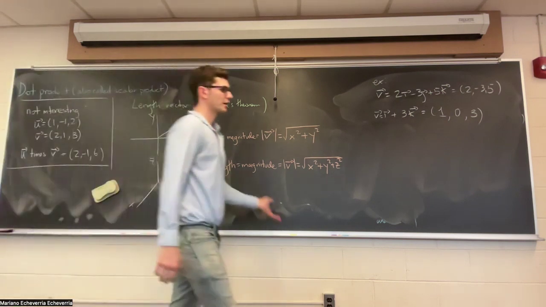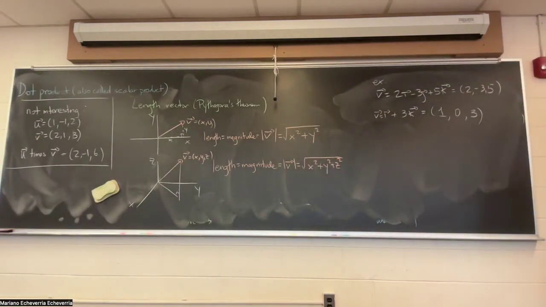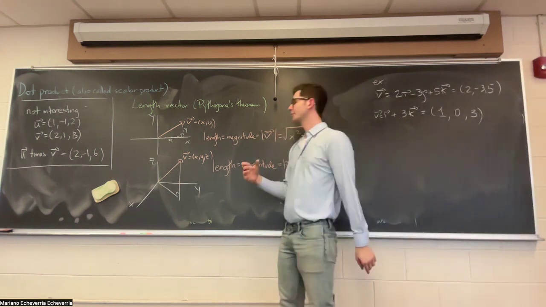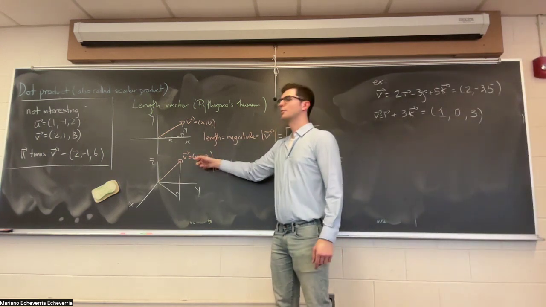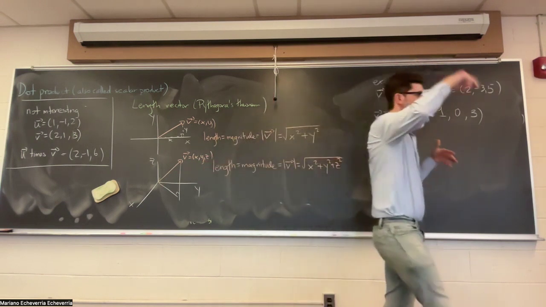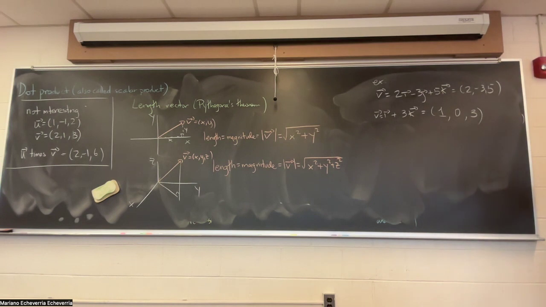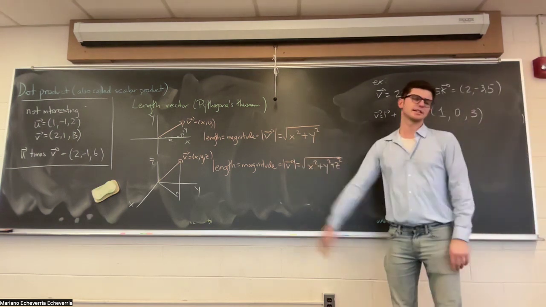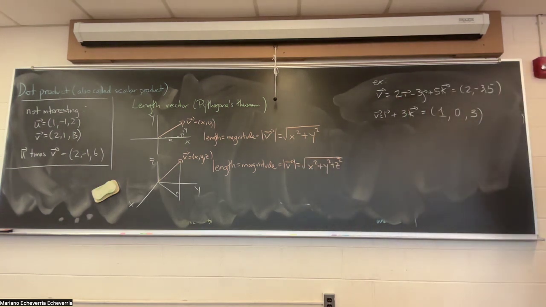And it doesn't matter how many entries the vector has, there's a similar formula that works. So if the vector had 4 entries, which again we would not do, say x, y, z, w, then the length of that would be the square root of x squared plus y squared plus z squared plus w squared. So there's a formula that works in any of those situations. But again, our focus will be these 2 cases, and that will be enough for our purposes.